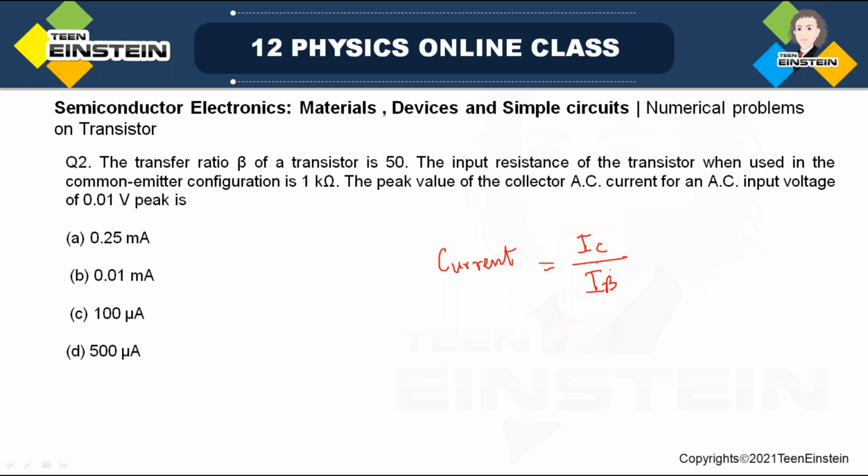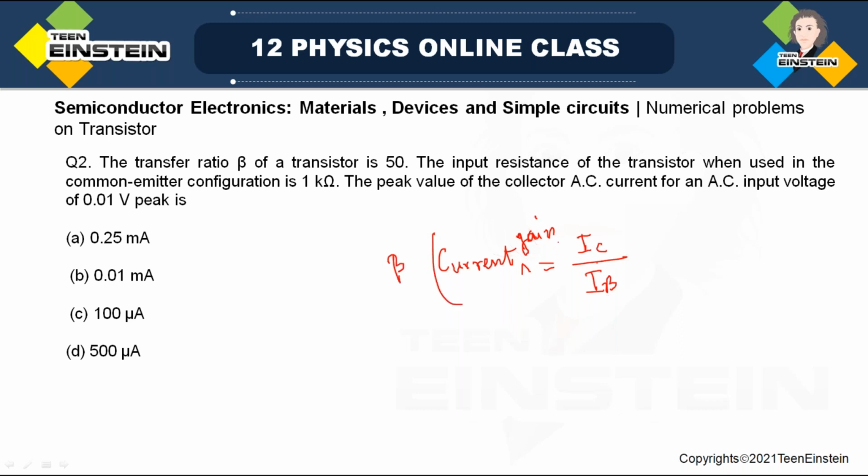Output current is IC and this is IB. So that's why it is called transfer ratio. Transfer ratio actually meaning is the current gain.